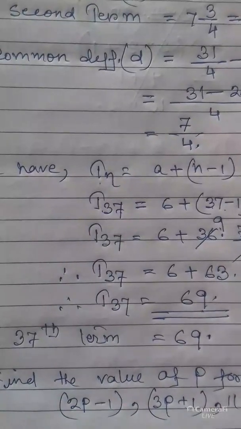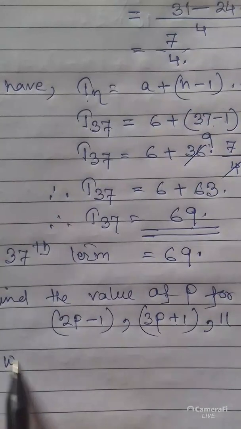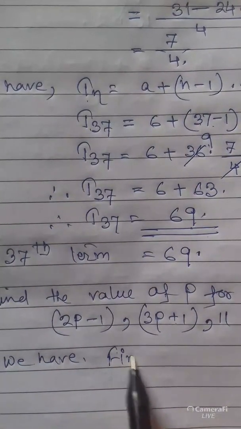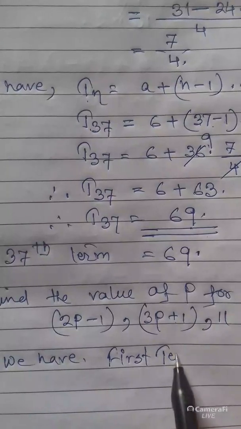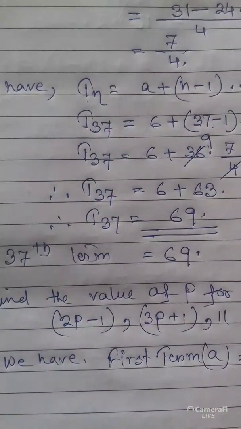In this AP we have first term A equal to 2P minus 1.